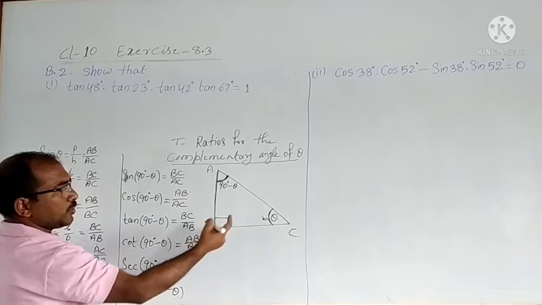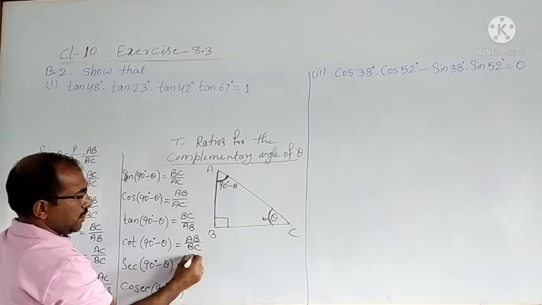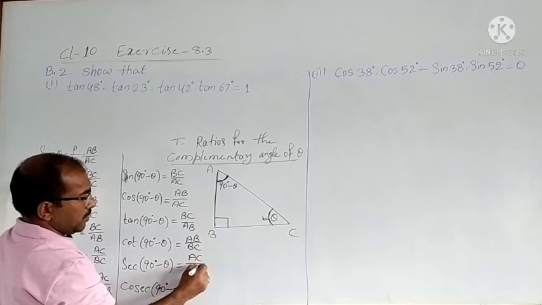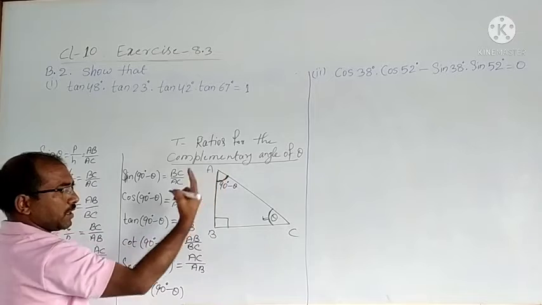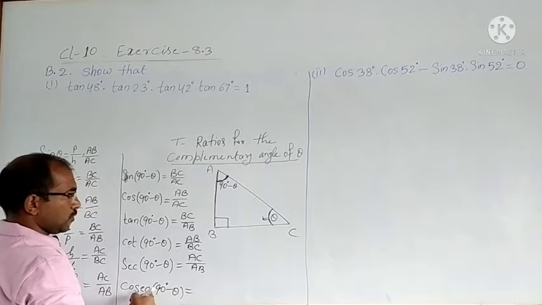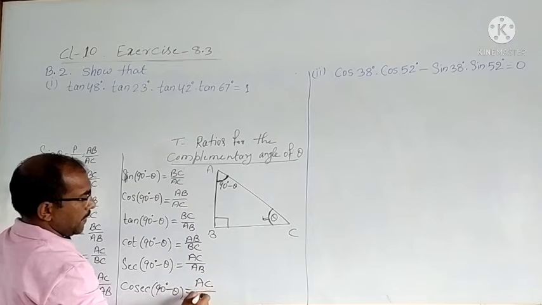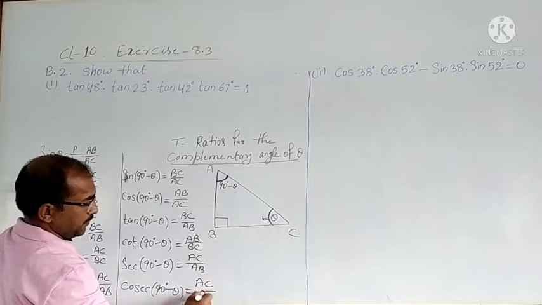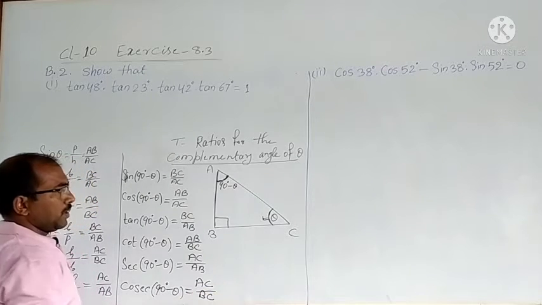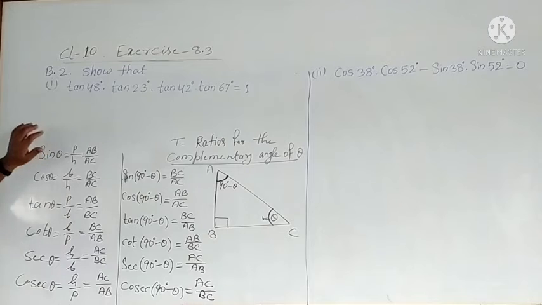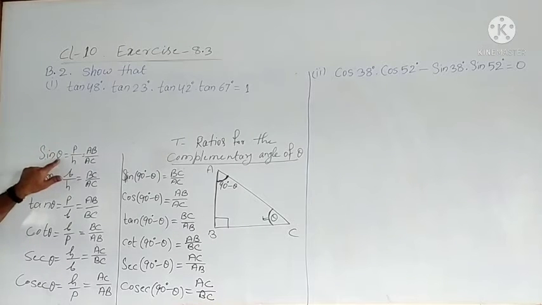Sec is hypotenuse by base, AC by AB. We are working for this complementary angle, remember. And cosec is hypotenuse by perpendicular, AC by BC.